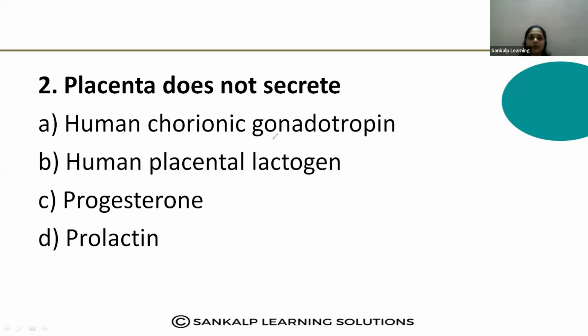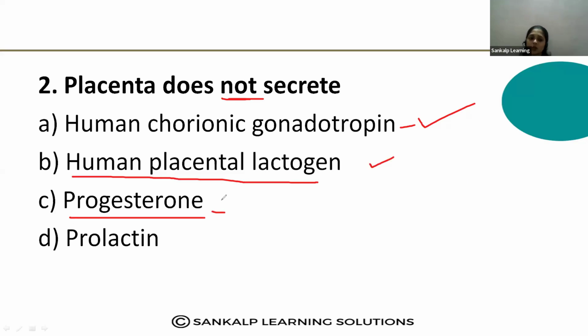Yes, this first one, human chorionic gonadotropin, is released by the placenta. Here they asked which is not secreted by the placenta. Human placental lactogen is also released by the placenta, and progesterone and estrogens are also released by the placenta during the pregnancy.